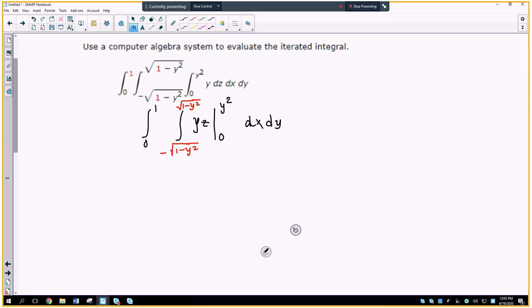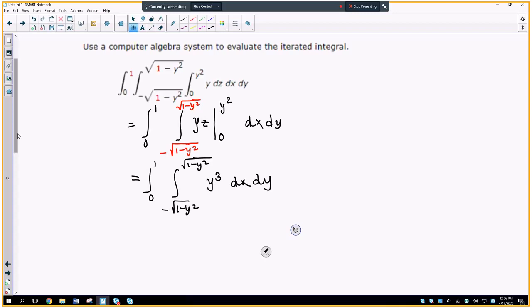So let's go ahead and work with this integration. First step, you're going to put in the values. So I will say integration 0 to 1, integration minus square root of 1 minus y squared to square root of 1 minus y squared. And when I put z equal to y squared, I get y cubed. If I put z equal to 0, it doesn't contribute anything. So dx dy.